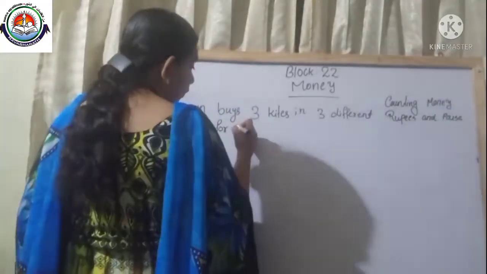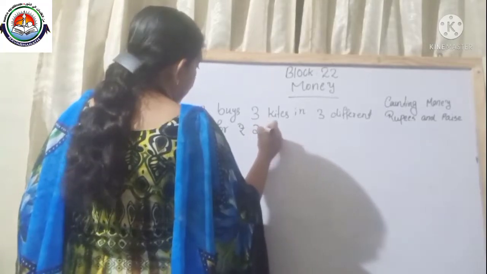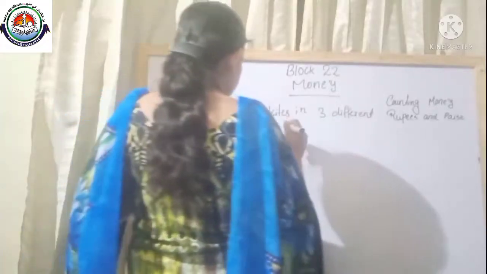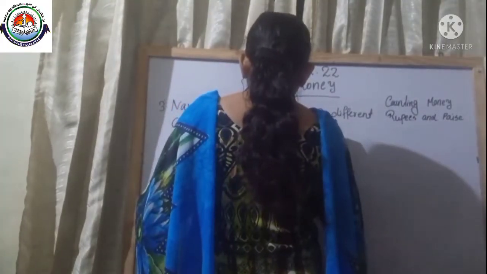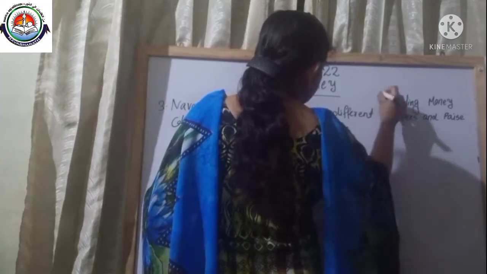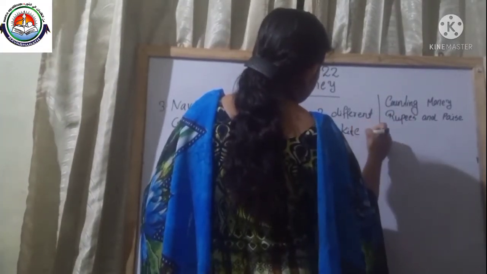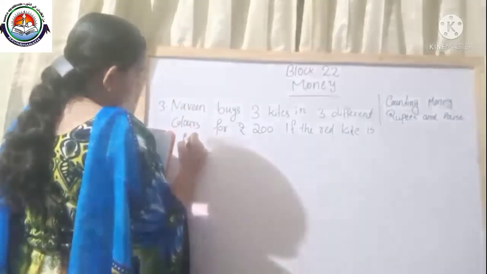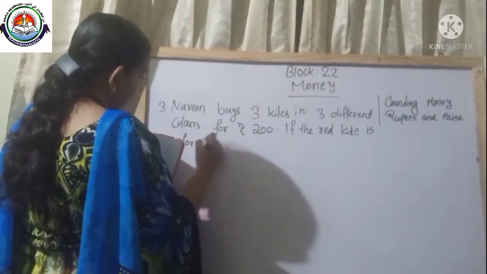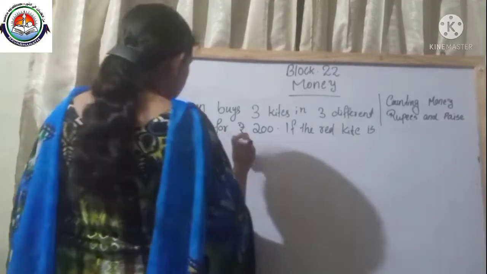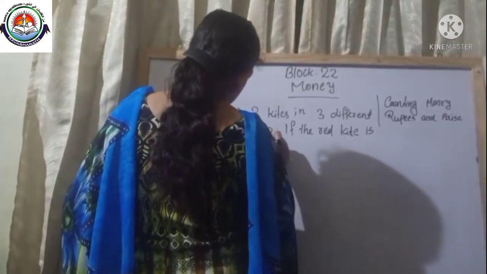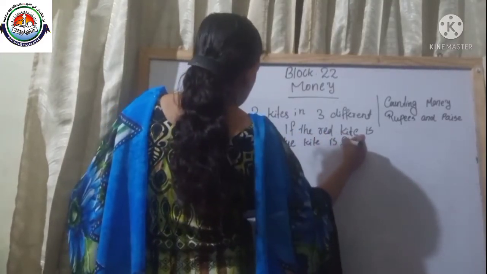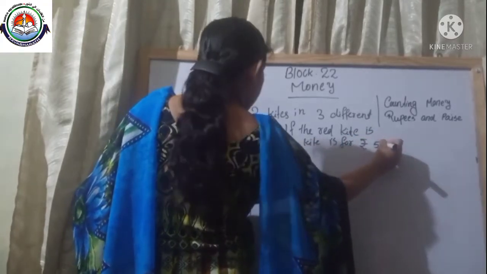The red kite is rupees 78, and the blue kite is rupees 54.